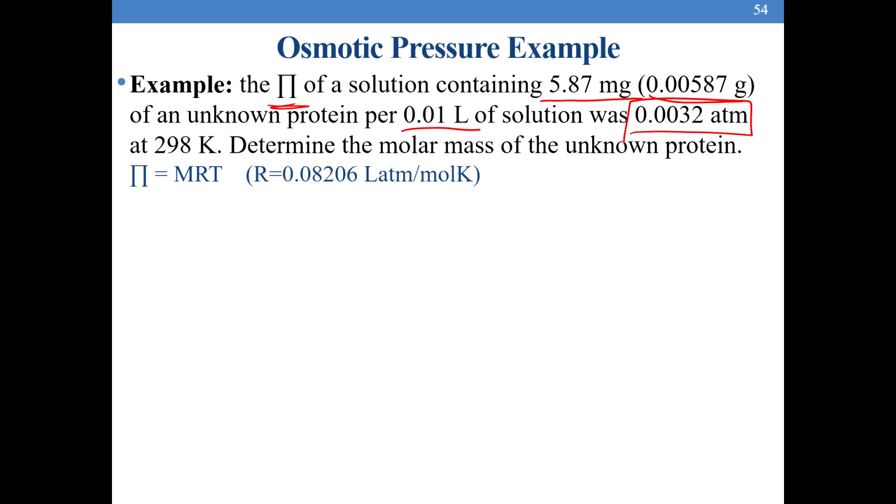So pi is 0.0032 atmospheres. Okay, so that's your given. So start by writing your given so you're clear on that. We don't have the need for the mass yet, but we're going to get to it. You have temperature is 298 Kelvin.